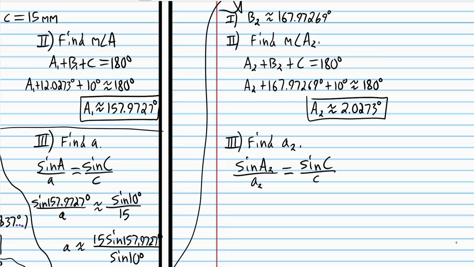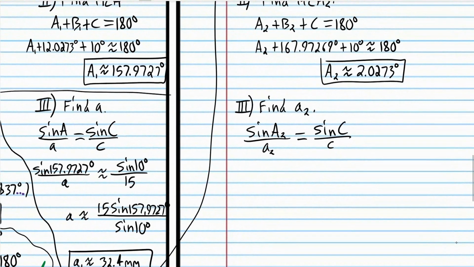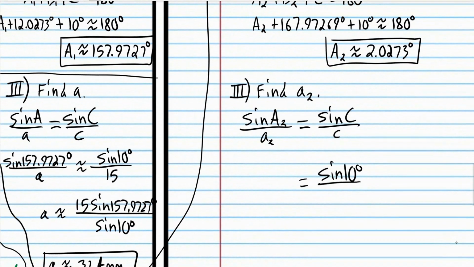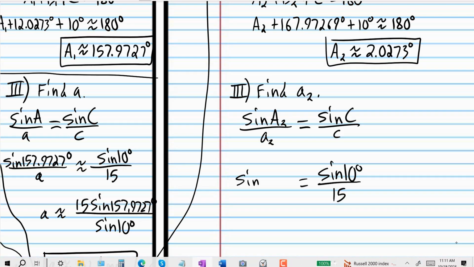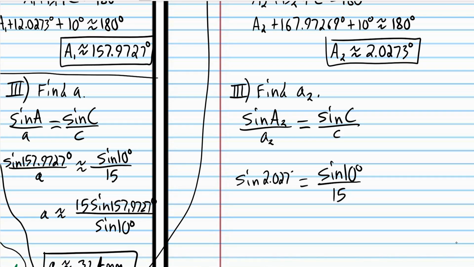C is the same no matter what because that number doesn't change. That's written in stone. The length of c is 15 millimeters. We're given that. And A2 is 2.0273 degrees.